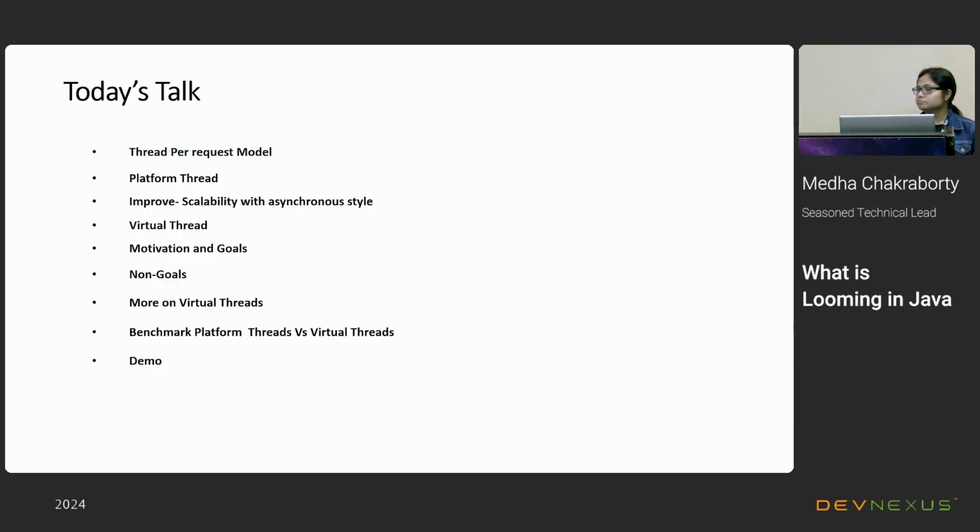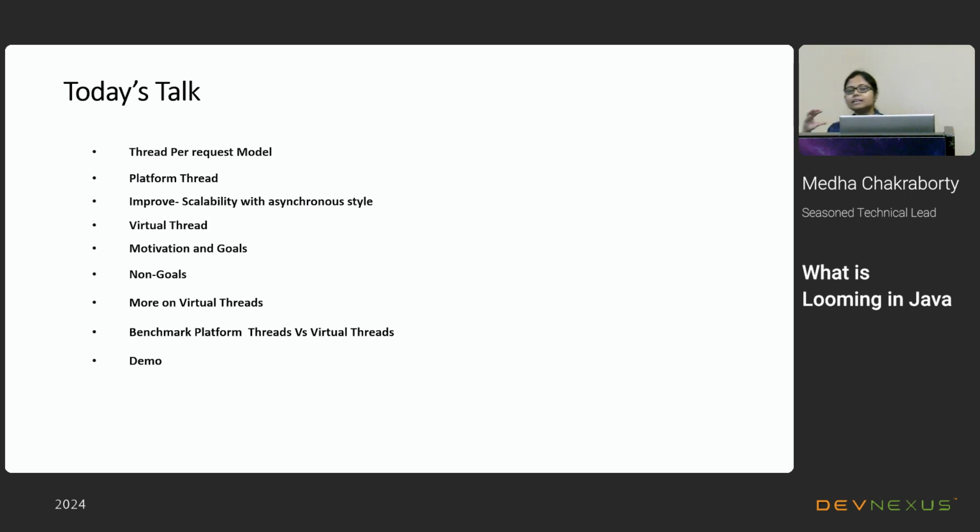So now, what will we focus on in today's talk. I will start with the thread per request model, because to understand where exactly Project Loom will come into the picture and how we can benefit, we have to understand what the thread per request model is. Then we will also talk about platform threads, and then we will see how, in the present day, we are trying to improve scalability with asynchronous style programming.